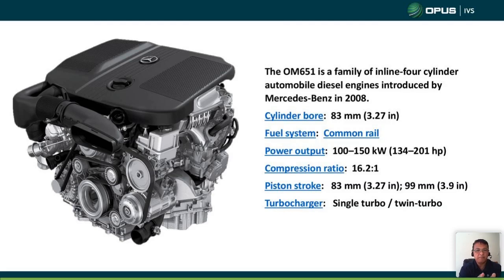This is only a basic example of this 651 engine, because it could be an earlier variant or a later variant. Just to give you an idea, the most common issues of this 651 engine on a Mercedes Benz vehicle.